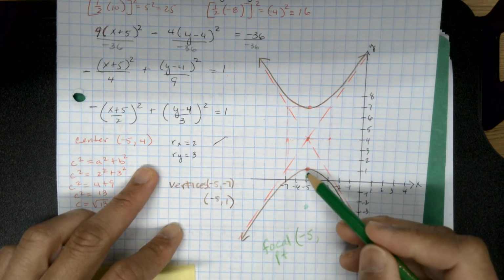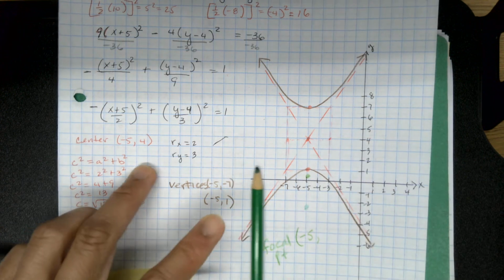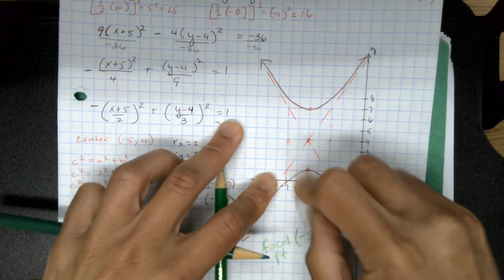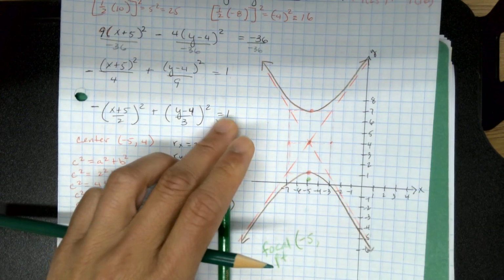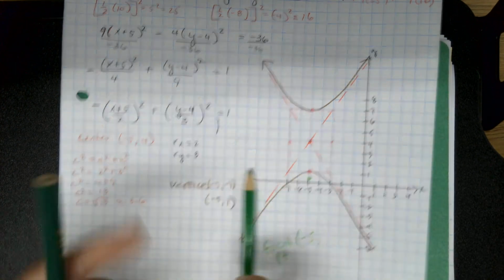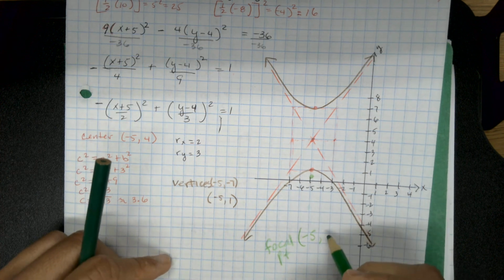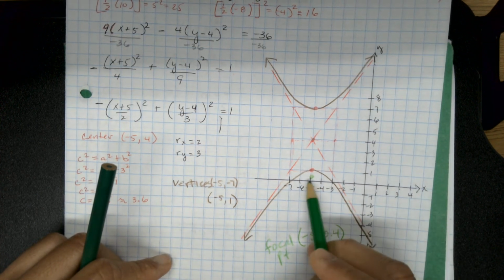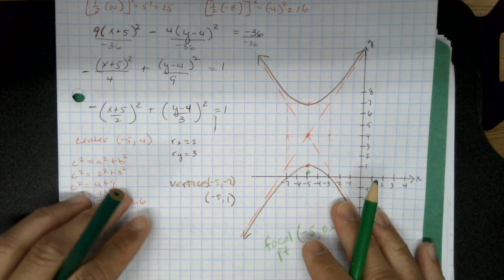My mistake, I counted from the vertex instead of from the center. So 4 minus 3.6 is 0.4, and that looks like about 0.4.